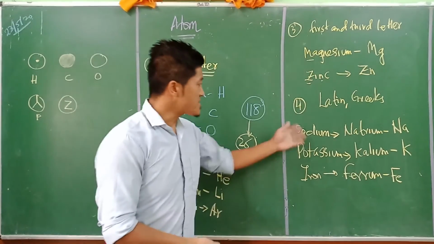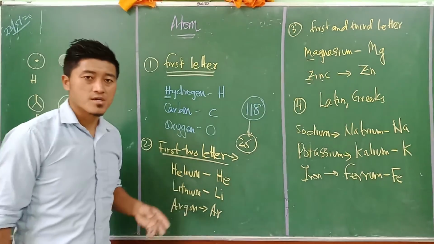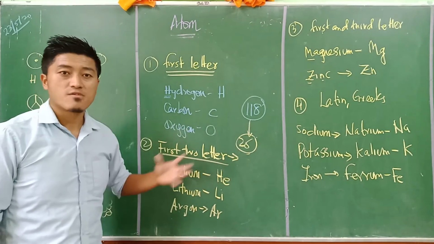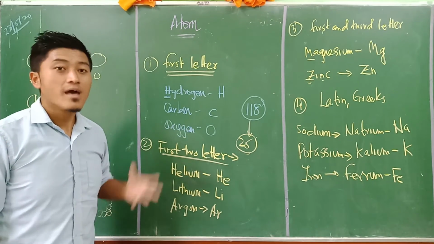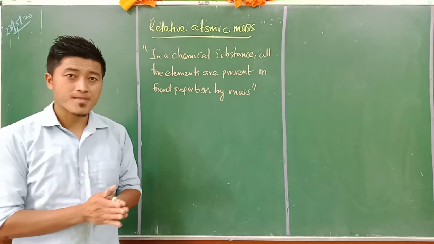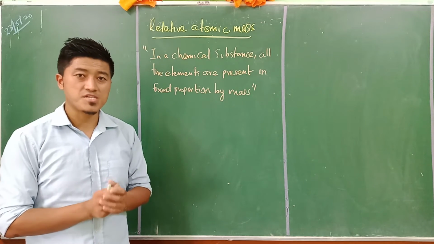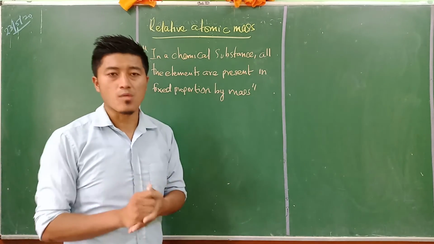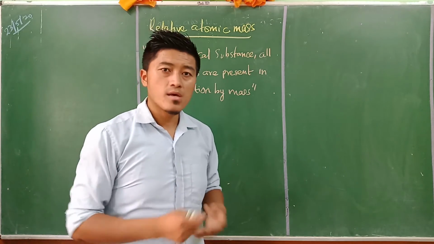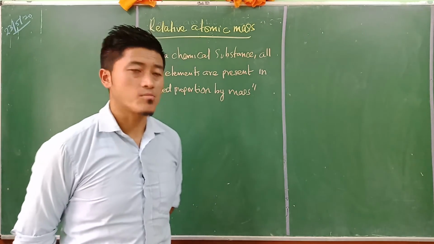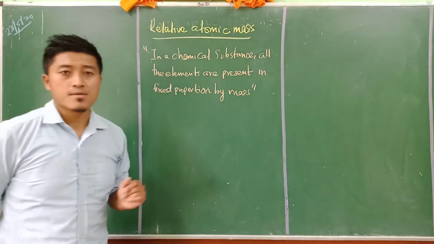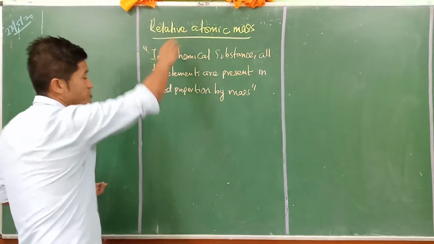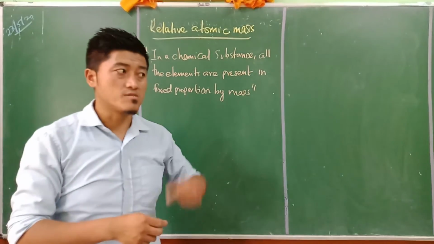So these are the methods the scientists adopted to give symbols to the elements, for us to have a better understanding of them. In the previous class, we talked about the atom and how symbols were provided for it. Now, in this session, we are going to talk about the relative atomic mass. Normally, relative means in comparison with something else.